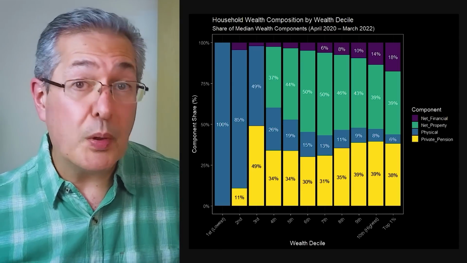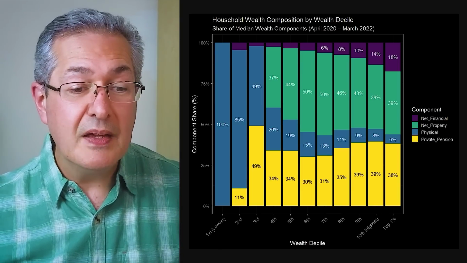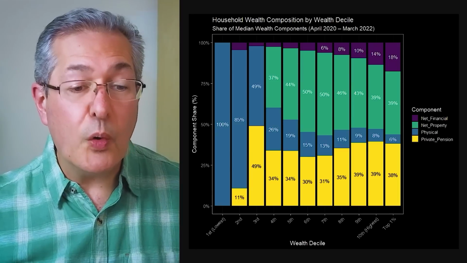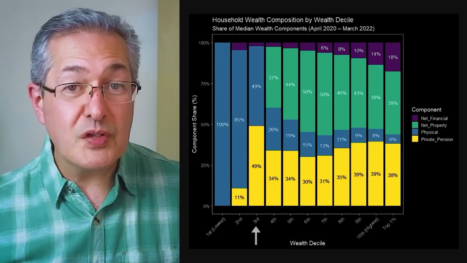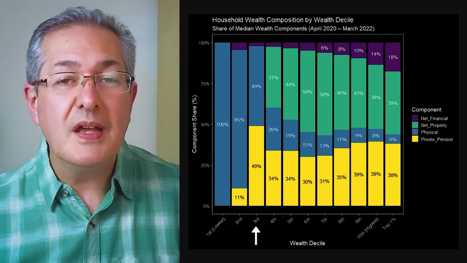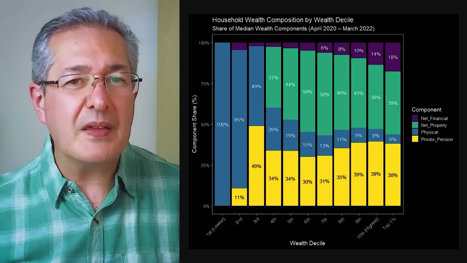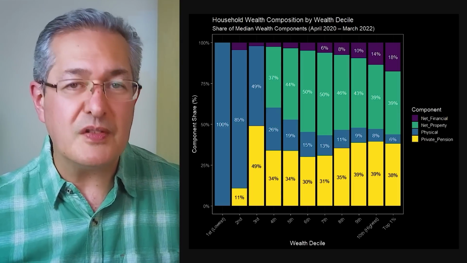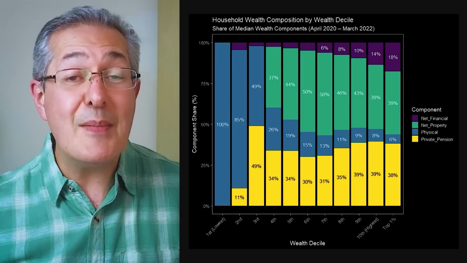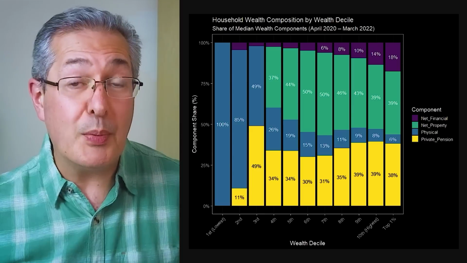That's because they've got no property wealth, they must be renting, they also have no financial wealth or private pension wealth. Fortunately, when you get to the third decile, you do start to get pensions becoming much more important. And I suspect that's largely because of auto-enrolment, as we'll see later. That's been a very important change in the UK, and a positive one.